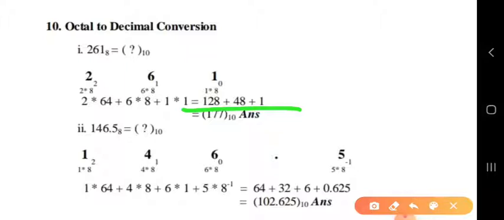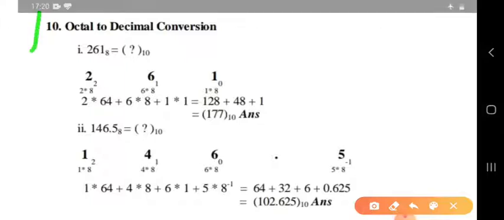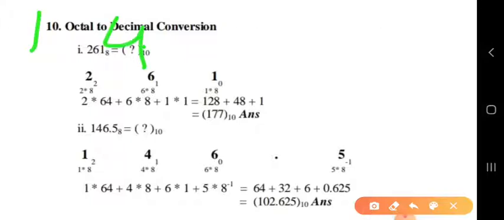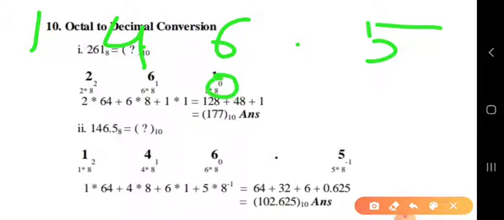Converting a fractional number, what is the procedure to do it? It is given here. Suppose the number is 146.5. This is my 0 position, this is first and this is second, and this one is 1 after the decimal point.